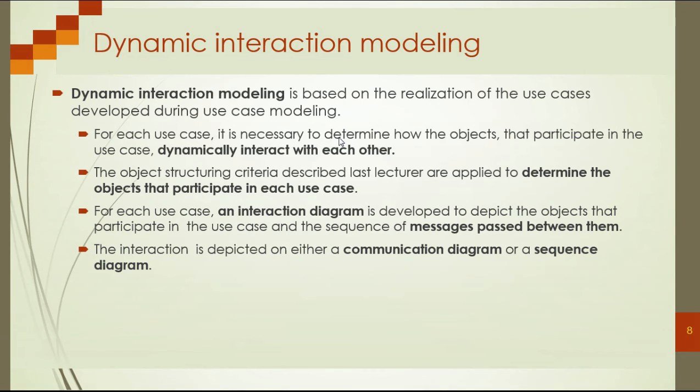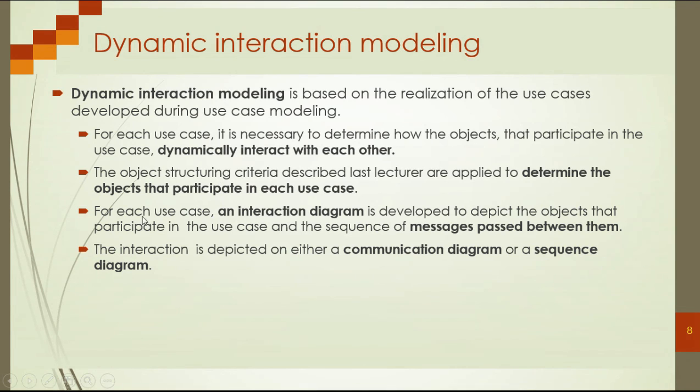And then we will identify all the objects. Here we can use the criteria, the guidelines that we mentioned in the last class, the object structuring criteria. From the last class, we mentioned there are many types of objects, so we should identify all the objects in the use cases.